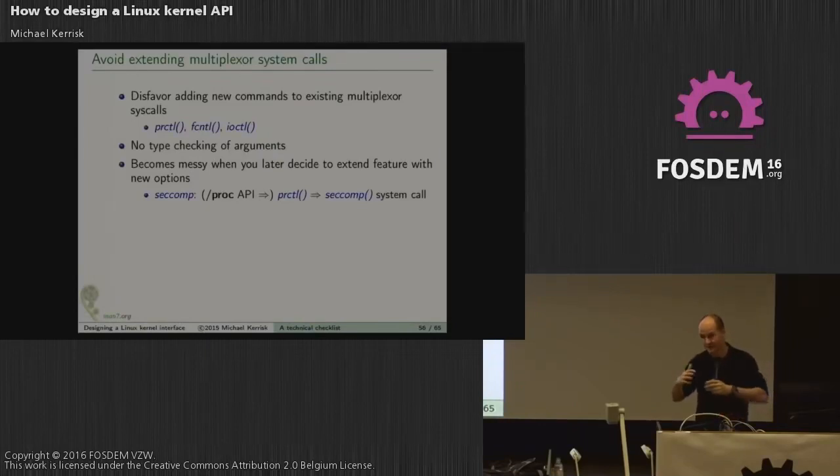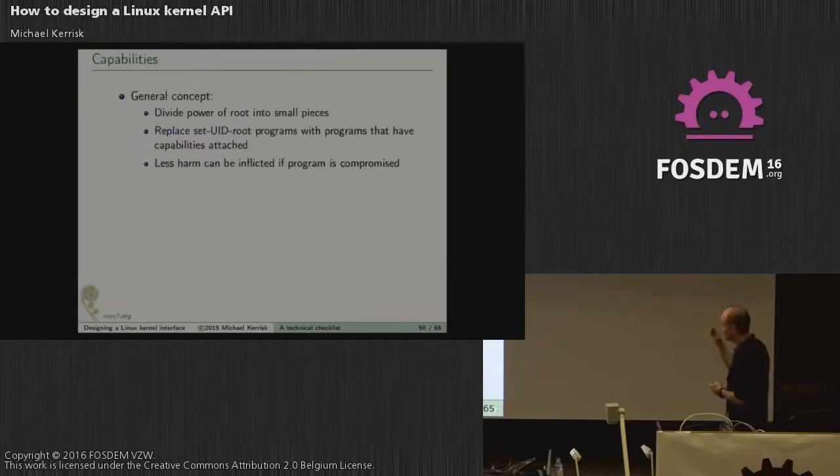And then at a certain point they realized, well, we actually want to have different options for enabling seccomp. Should we add another option to PRCTL to get this different behavior? And then you have to think, well, if we do that once, are we going to do it twice or 3 times or 4 times? Or maybe we really need another system call. Reason prevailed this time, and so we actually got another system call.